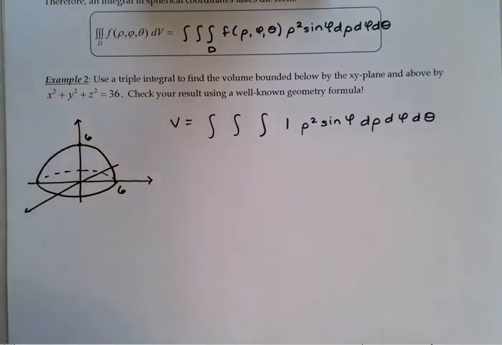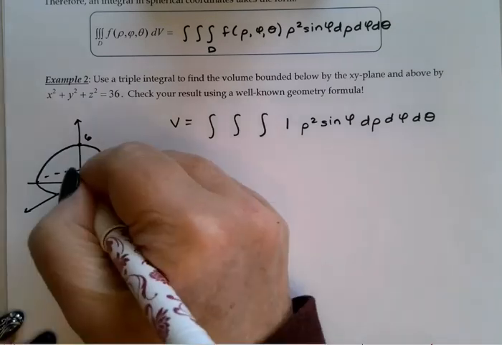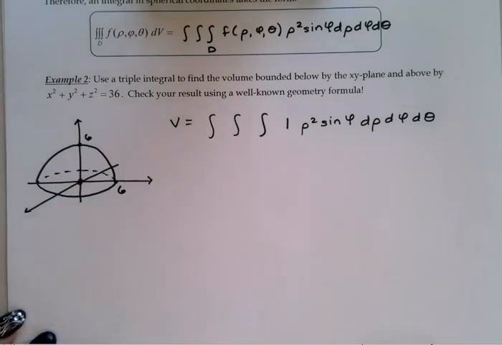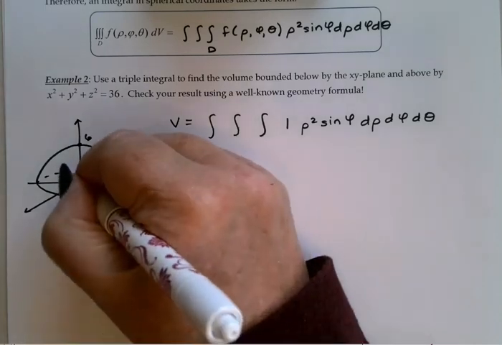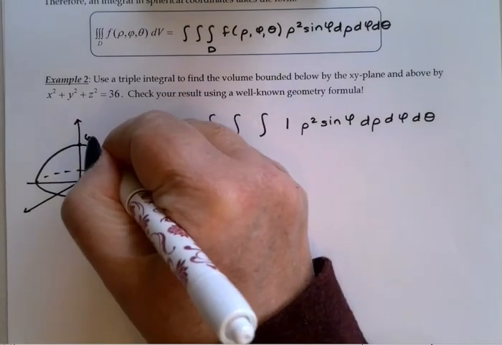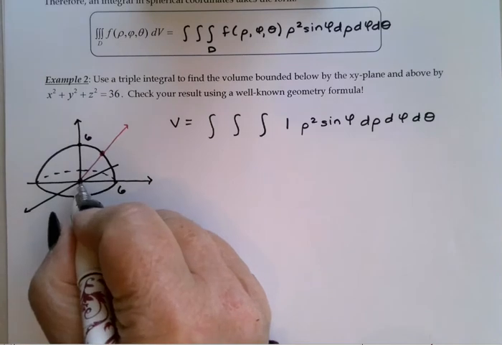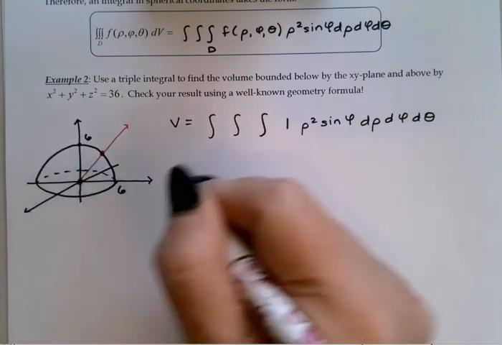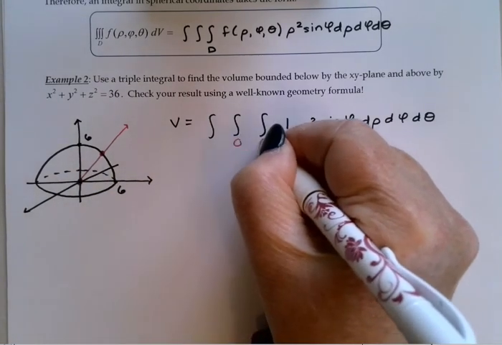As far as my limits of integration, starting from the origin, I'm once again going to think about imagining a radial spoke, but this time instead of a two-dimensional radial spoke, it's a three-dimensional one. At the origin, I'm already inside my object. So rho starts from 0.